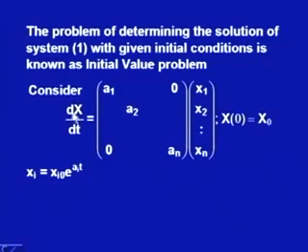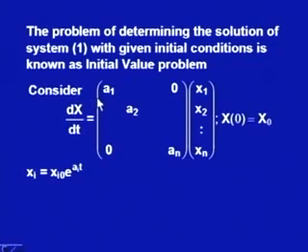Here you can reduce this system as dx1 by dt is equal to a1 x1. So, this equation is no more coupled with the rest of the equations. dx2 by dt is equal to a2 times x2, it is again decoupled from the other equations. So, if the equations are decoupled, especially when we have a diagonal matrix here, then each equation can be solved independent of the other equations.